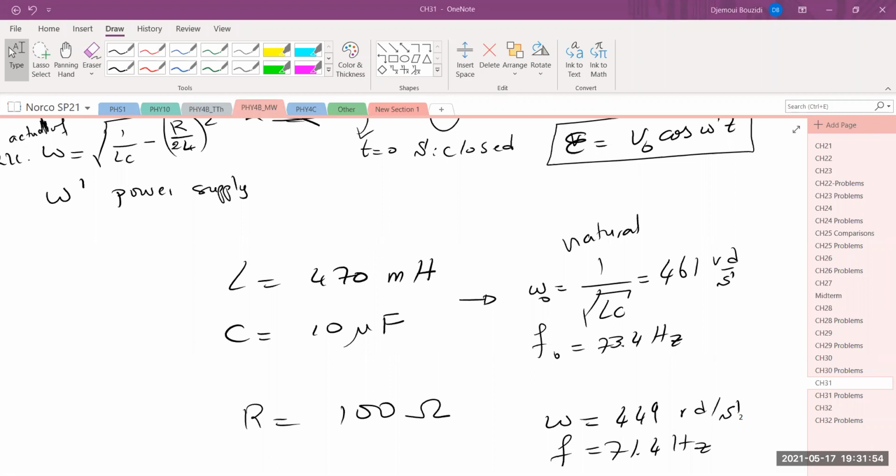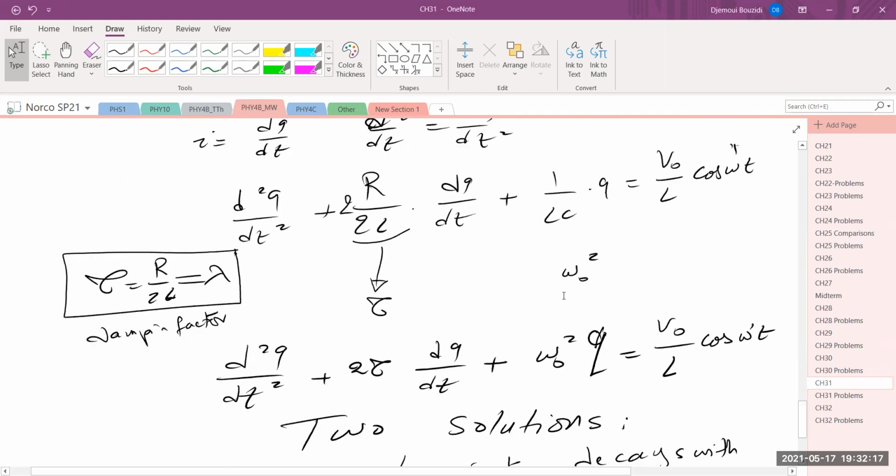The inverse of that is time. So if I invert this number, it's going to decay in about 0.009 seconds, or 9 thousandths of a second. So after 9 thousandths of a second, this number goes to zero, practically.